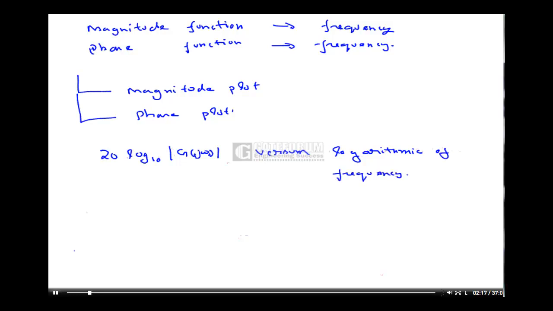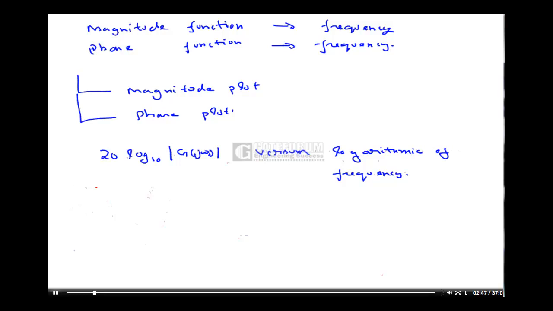Now the question definitely comes to mind: why logarithmic? Why not linear scale? Because the variations on a linear scale are very wide. When omega is varied from 0 to infinity, the variations produced in the magnitude plot and the phase plot have a very wide range. Thus to accommodate all those on a linear scale is not possible.